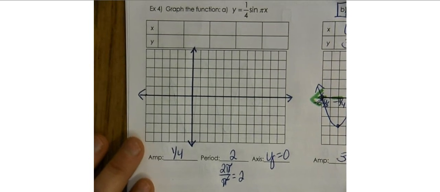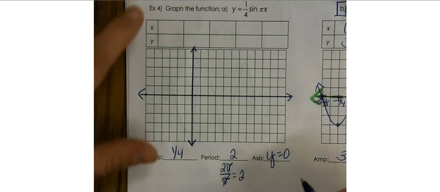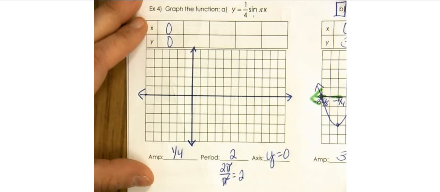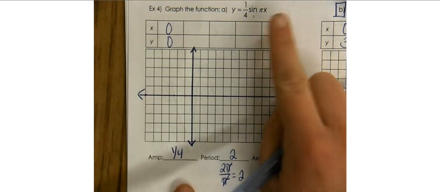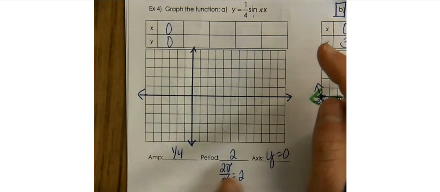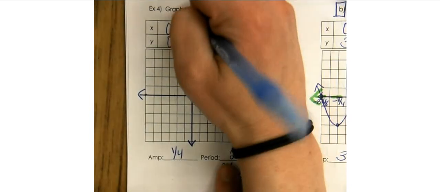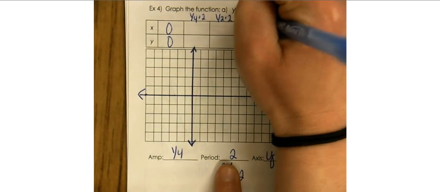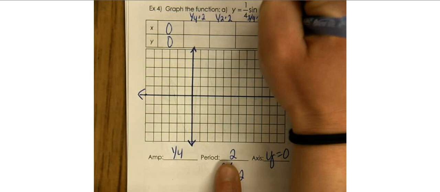Okay, so let's come up with our table of values. So since this is sine, I know that I'm going to be starting at 0, 0. So then I'm going to work with my period, and I'm going to go 1/4 times 2, 1/2 times 2, 3/4 times 2, and then 1 times 2.